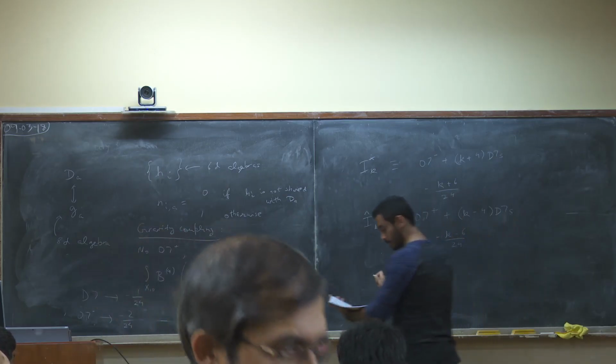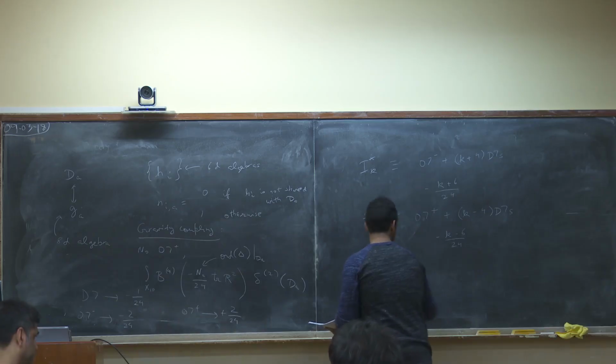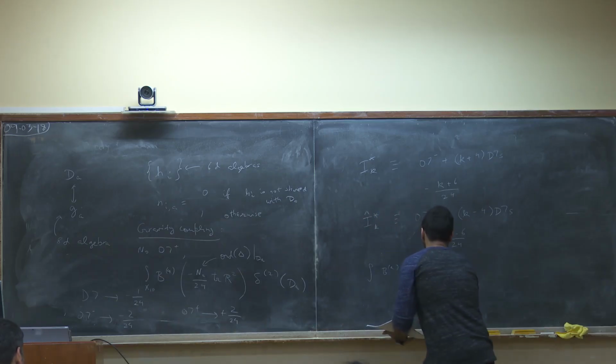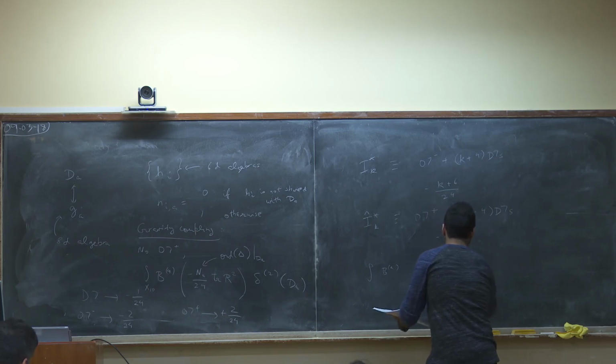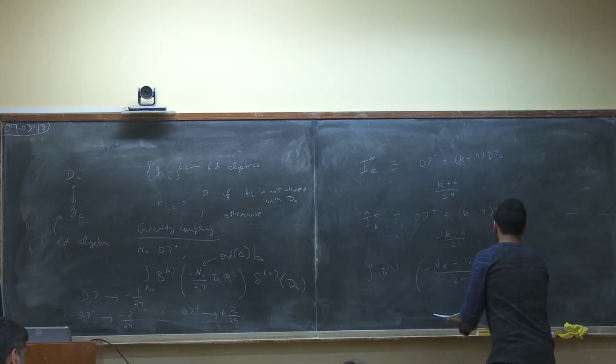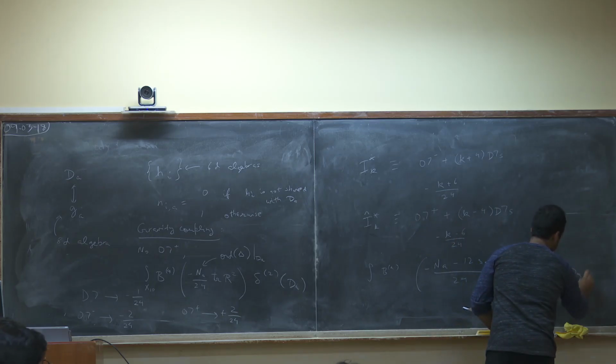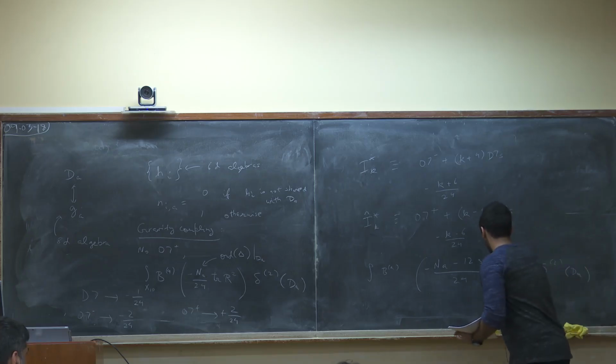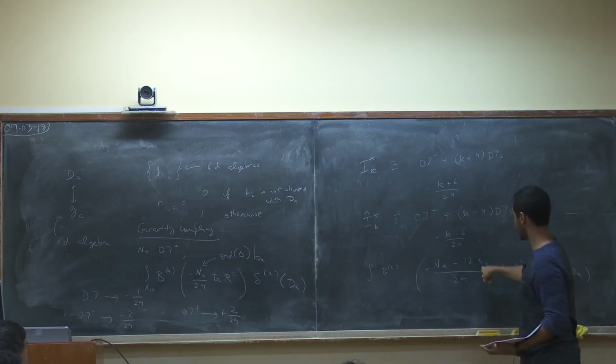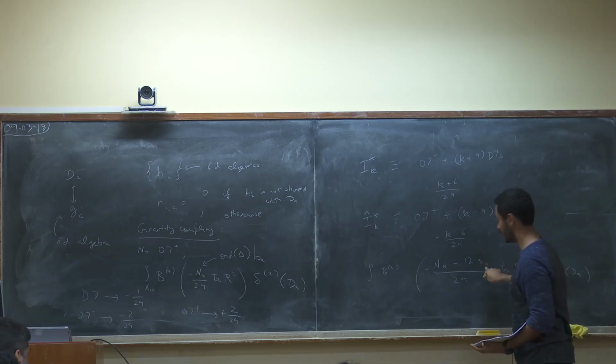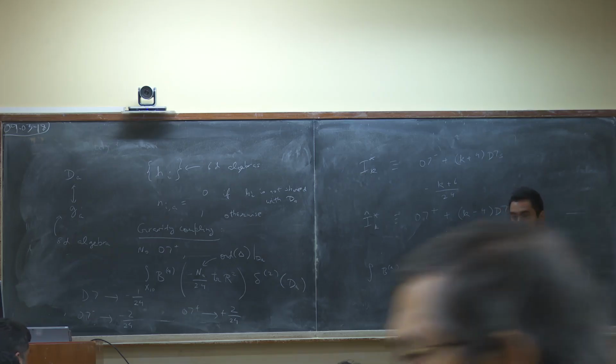And so the correct coupling is B4 minus N_A minus 12 S_A over 24 trace R squared delta 2 d_A, where S_A is 1 if you have O7 plus on d_A and S_A is 0 otherwise.